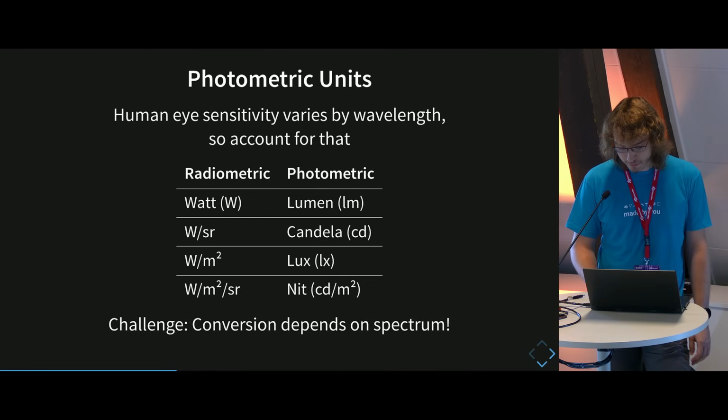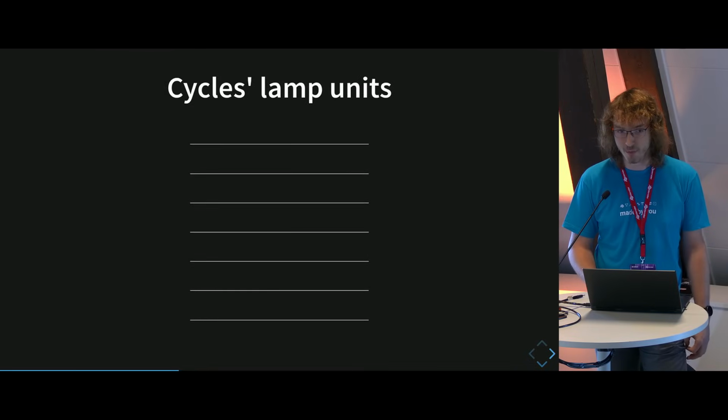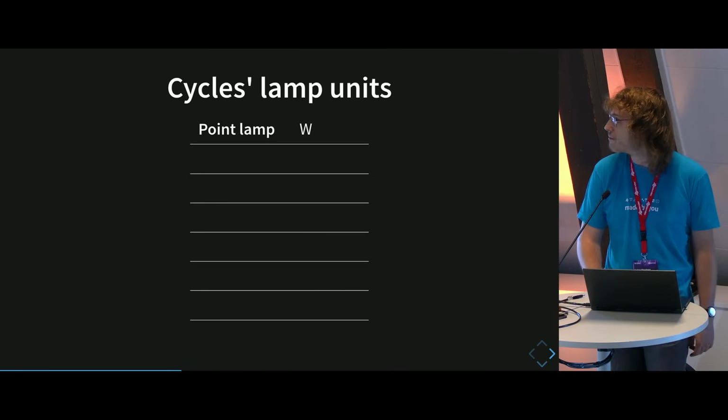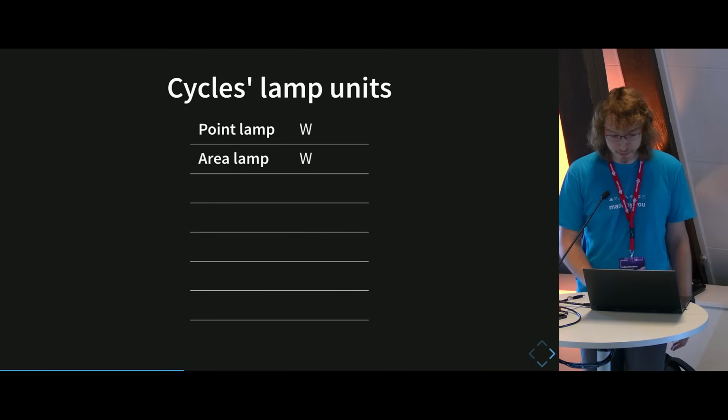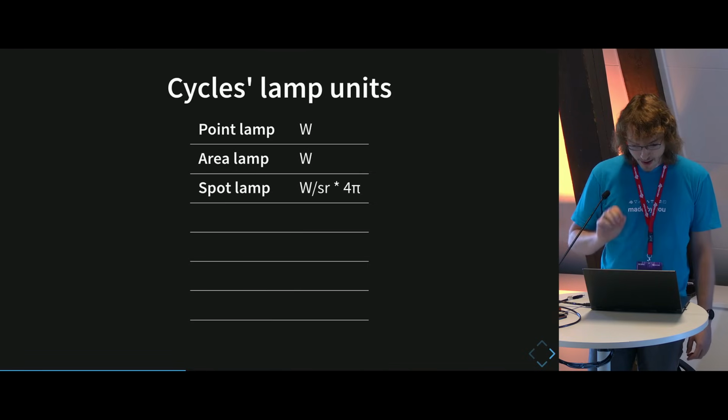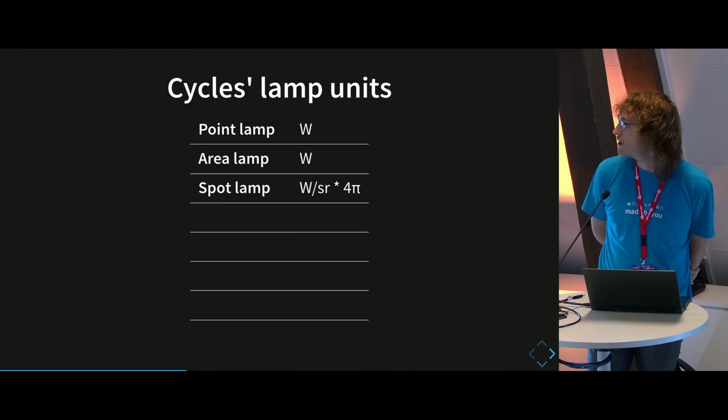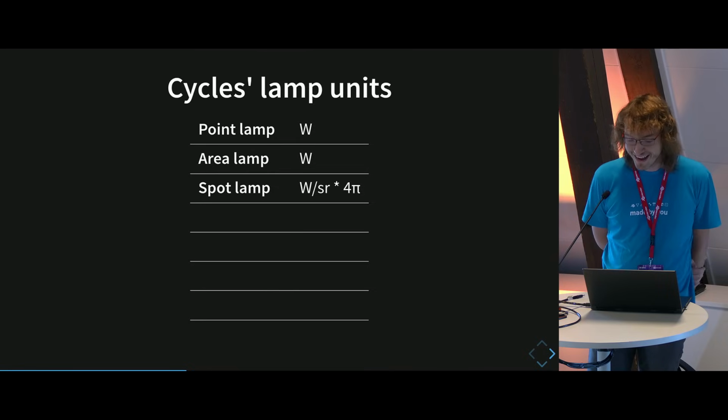So with all this out of the way, let's look at Cycles lamp units. What do we use? Well, we said we use watts, but it's not that easy. Point lamp, very simple, we have watts. Area lamp, also simple, we have watts. But then it starts to get weird. What do I mean when I say a spot lamp has watt per steradian times 4 pi?